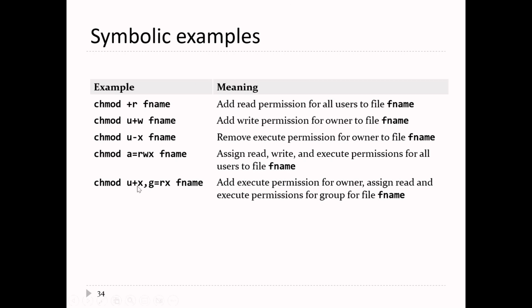So for the user, I can add execute permission, and then for the group, I can assign read and execute permission on that file. I'm not sure which one's easier to use. I tend to fall back on this format, but if you can remember the numbers, there's slightly less typing involved.